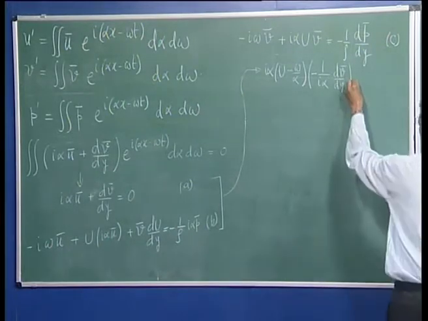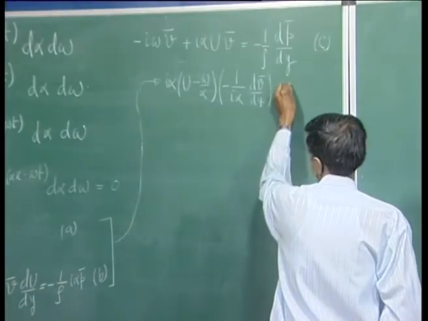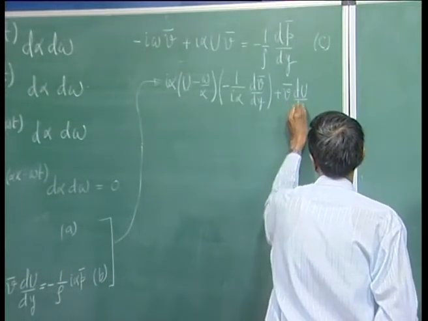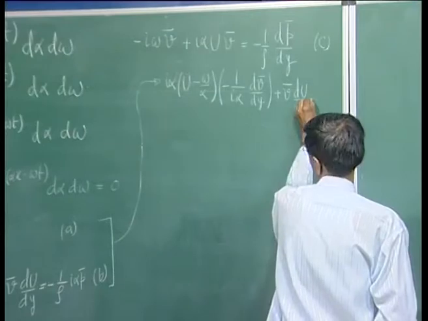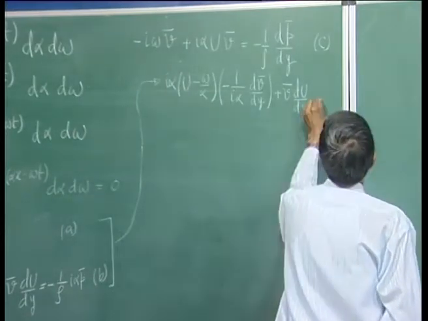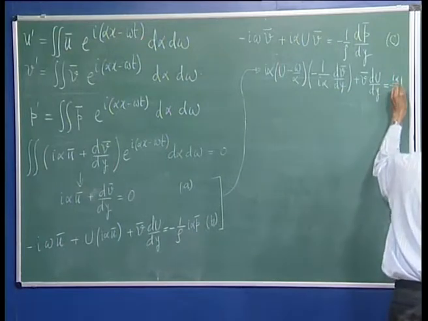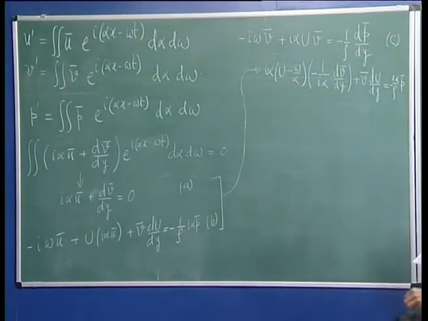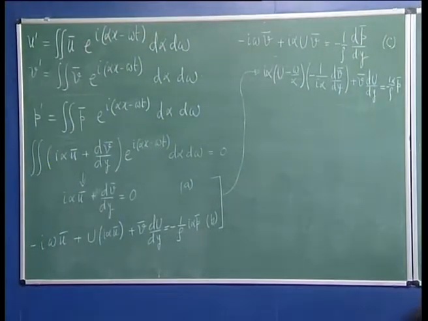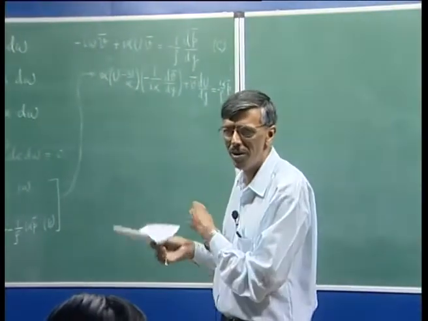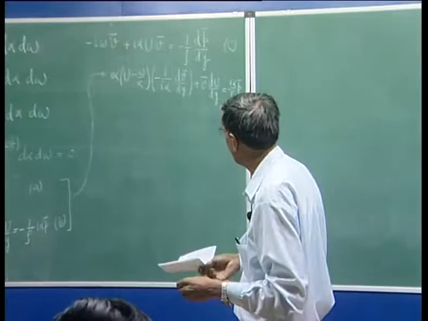Then of course, I have the v bar term, so that is v bar du dy, and that is equal to minus I alpha by rho v bar. Okay. So what we have done, in a sense, is eliminated u bar from A and B.